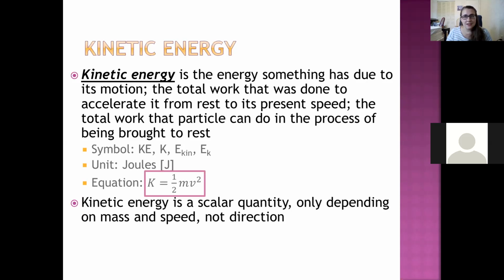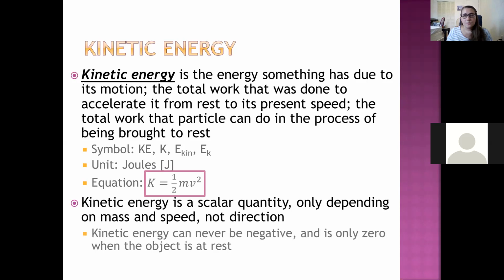Even though velocity is a vector, kinetic energy is a scalar. It depends on the mass and the speed, and it does not have a direction associated with it. Because kinetic energy can never be negative, and it's only 0 when the object is at rest. When the speed of the object is 0, that's the only time that kinetic energy is 0.